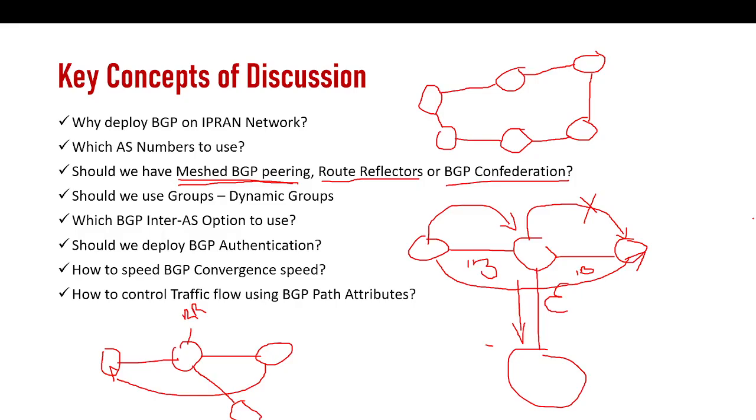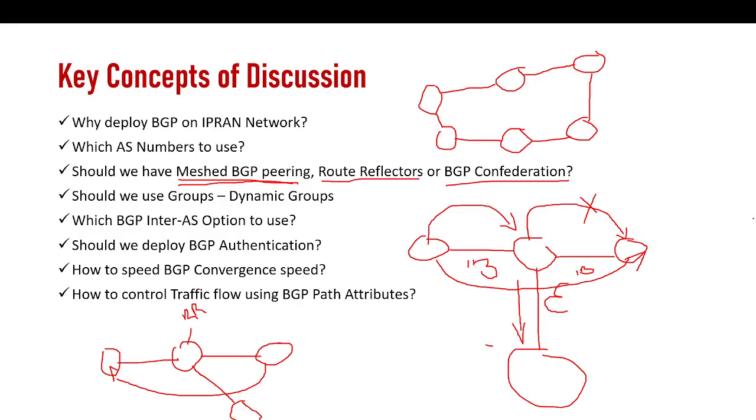Yeah, BGP route reflectors, many times, are deployed at the core site. For example, when we talk of IPRAN, they will be deployed in the aggregation part of the network and not in the access.